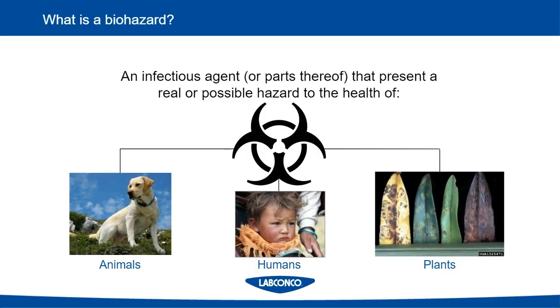I always like to start by defining what a biohazard is and why you would need biosafety cabinets in the first place. We get a lot of questions at Labconco regarding biosafety cabinets and their use. And so I like to lay out what kind of hazards we're talking about when we talk about biohazards.